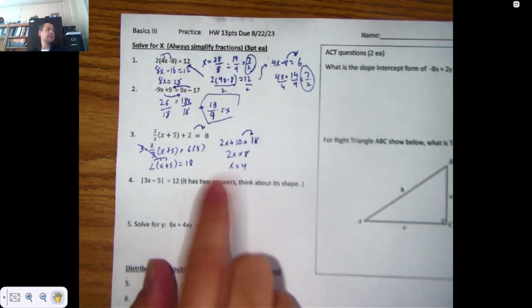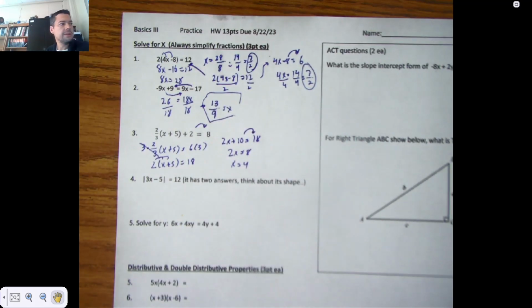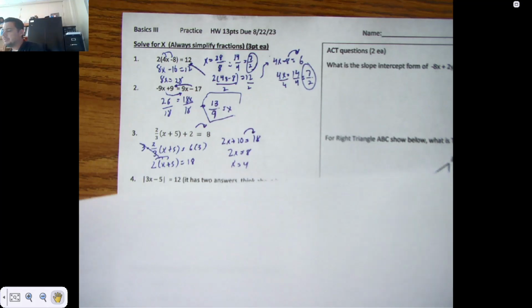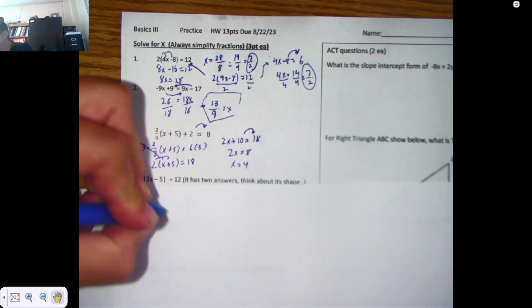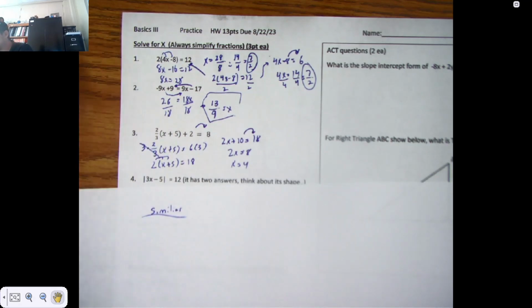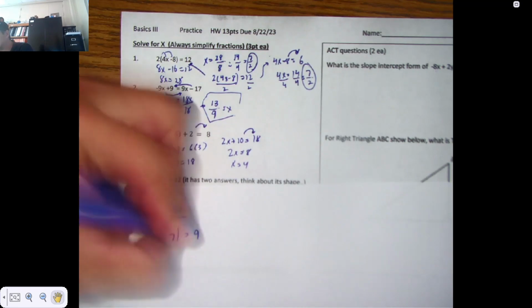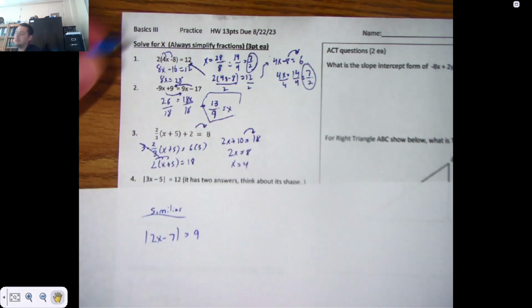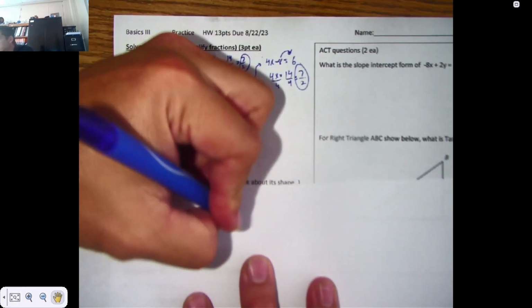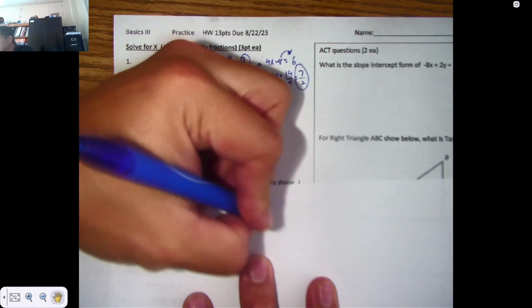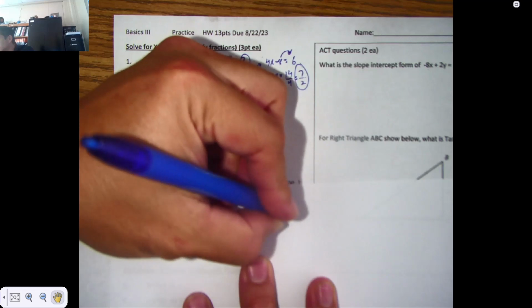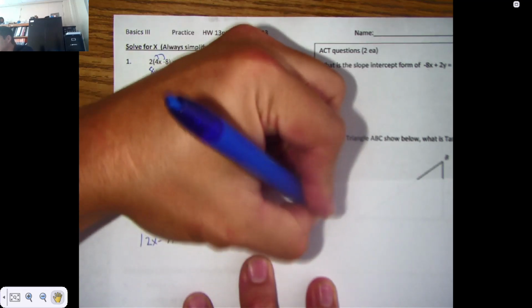Then there's this one. And I'm going to spend a little extra time talking about this. I'm going to do something similar so you can see two examples here, and I'll go back to it. I don't know, absolute value of 2x minus 7 is 9. Absolute value is the distance from 0.